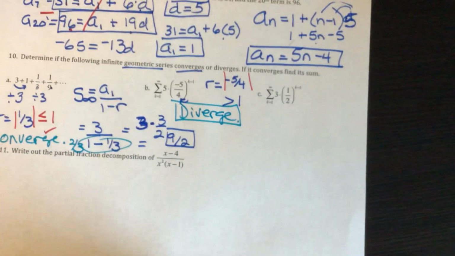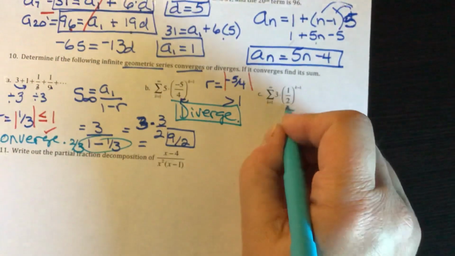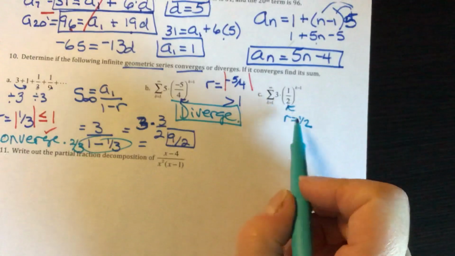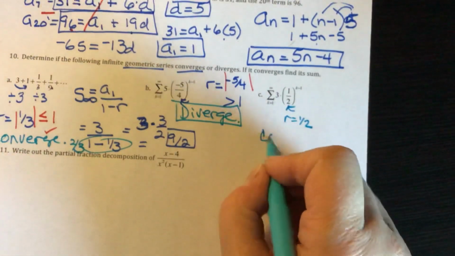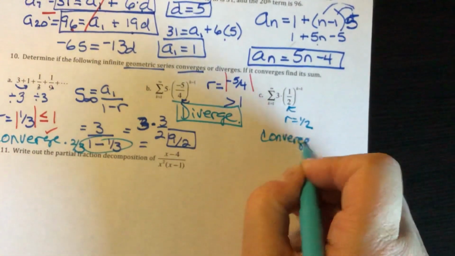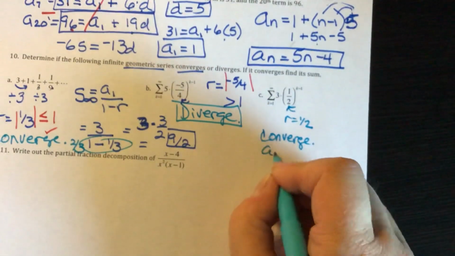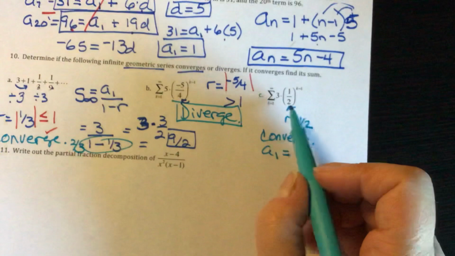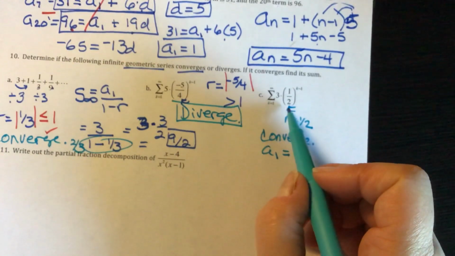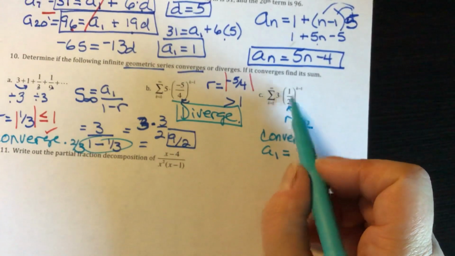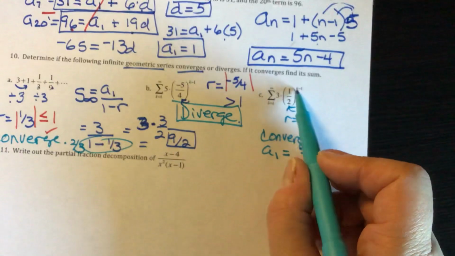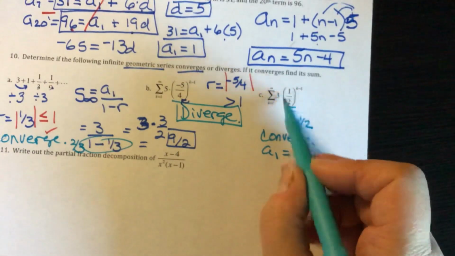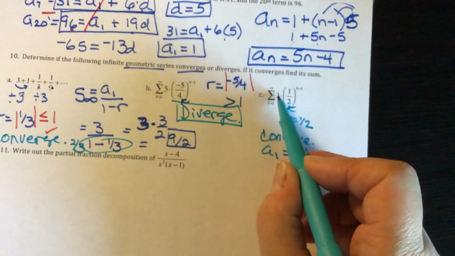On part C, my common ratio here is 1/2. That is less than 1, so this is going to converge. My first term is 3, because I'm going to put in 1 here. 1 minus 1 is 0. Anything to the 0 power is 1, and 1 times 3 is 3.